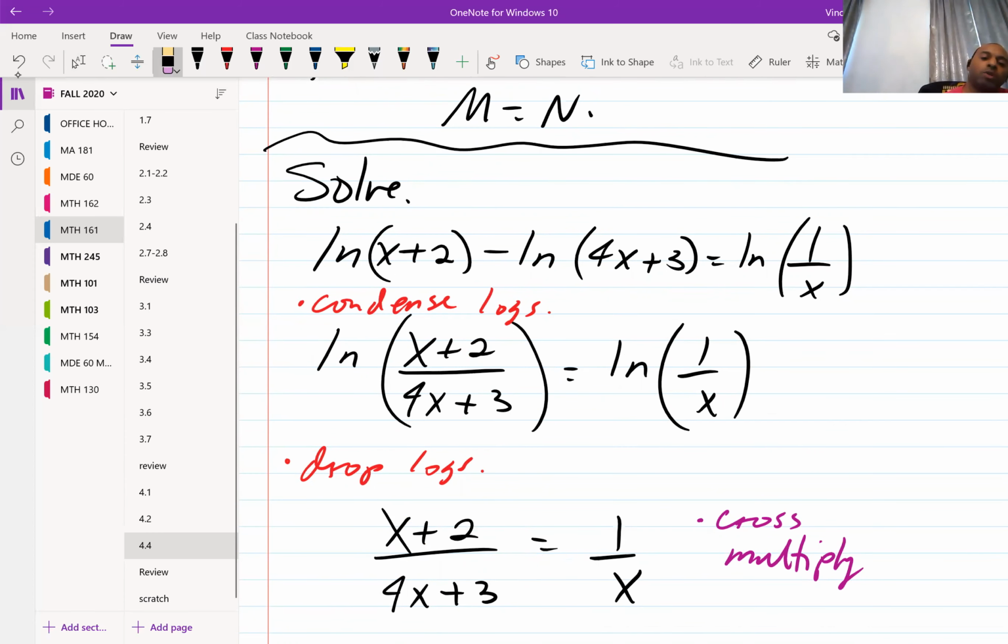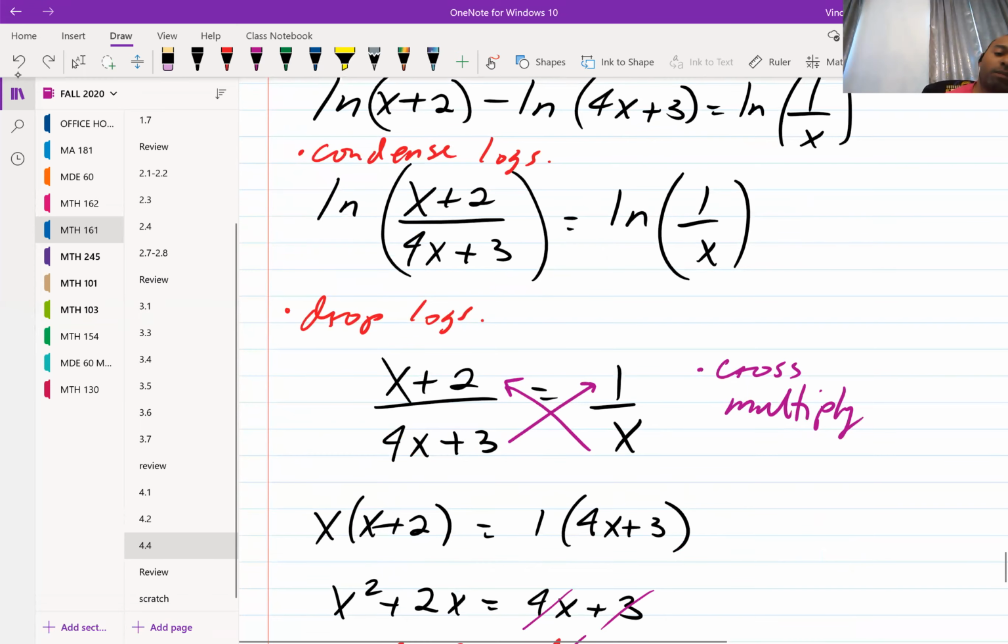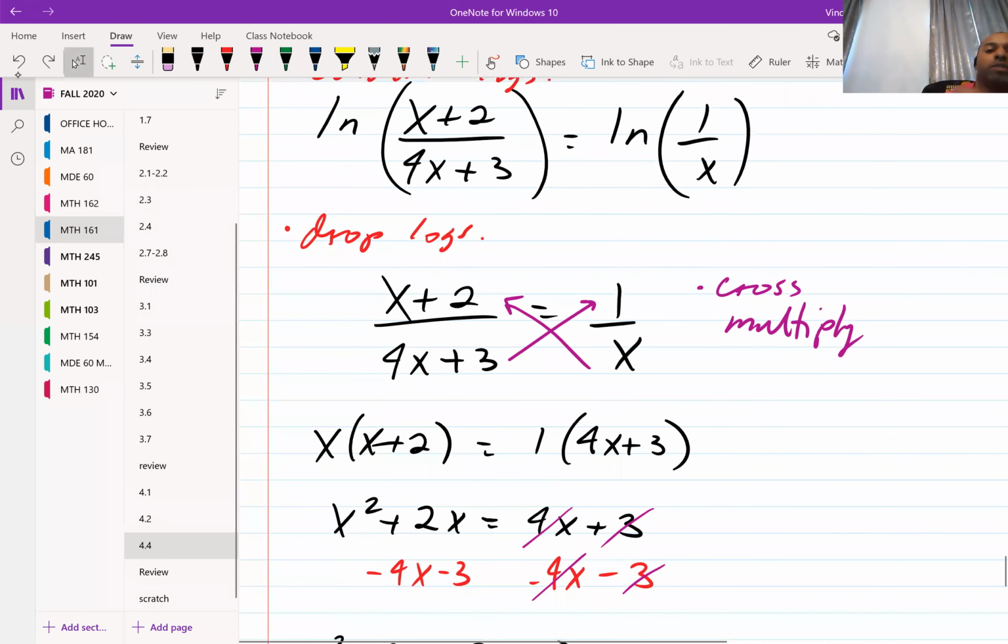All right, questions. So now I'll solve it as I would a regular problem. Cross multiply. That'll be x times x plus 2 on the left, 4x plus 3 times 1 on the right. Distribute.